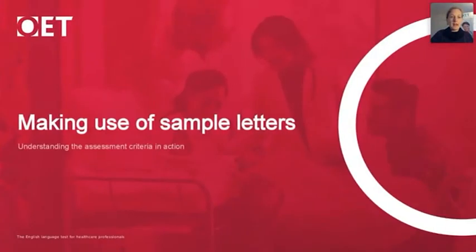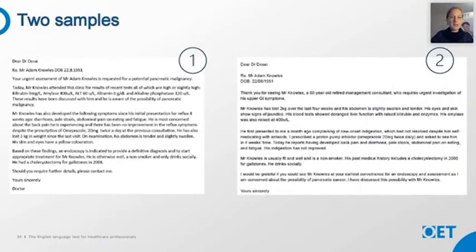Now we've had a look at some things to avoid and some tips of what you should do instead. I'm going to give you 2 samples which have followed these tips to compare. So here are the 2 samples on the screen. And I'm going to give you 4 minutes to read the 2 letters.